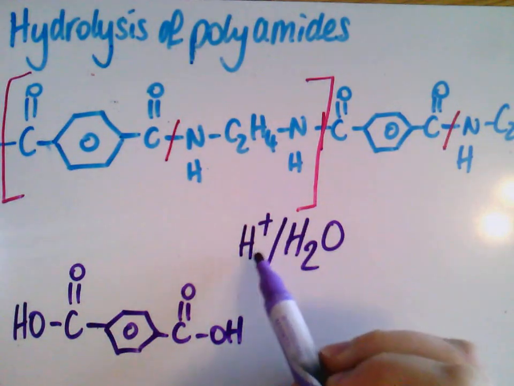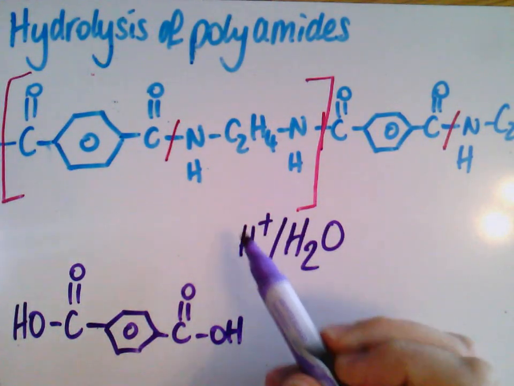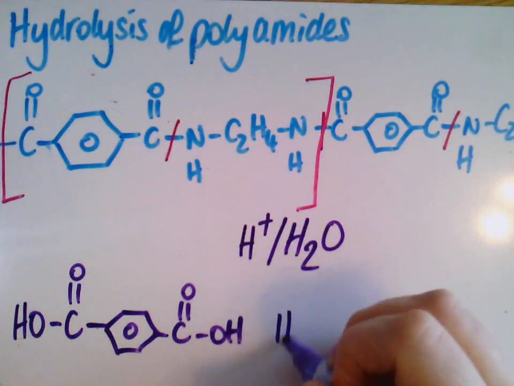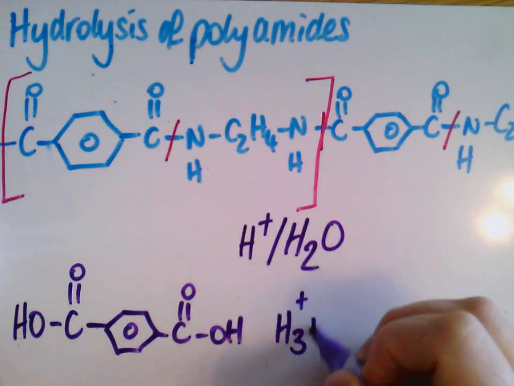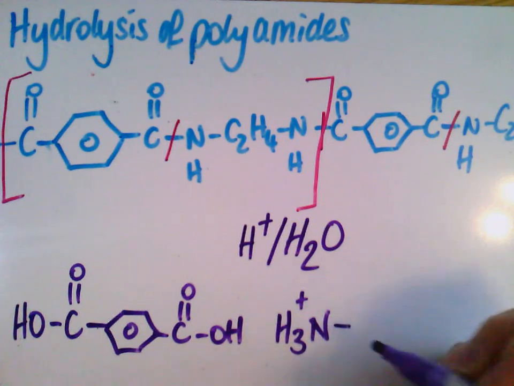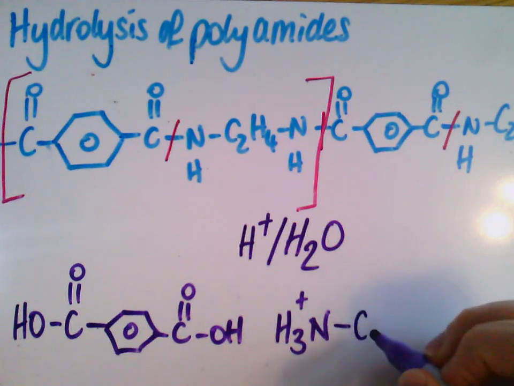But now with this presence of H plus, I would have formed a diamine with NH2, but now I'm going to form, because the amine is a base, the lone pair on the nitrogen is going to be able to hold on to another H plus.